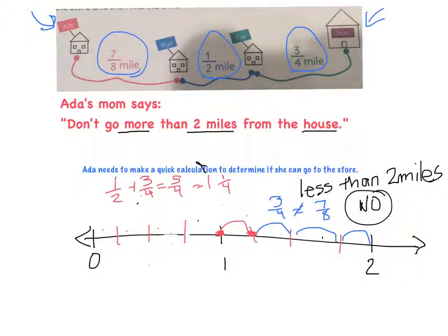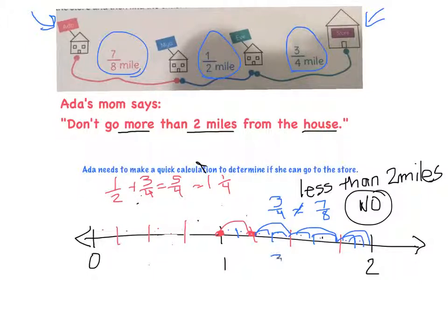Nope, it's not. Because if we make this 8s, which means one, 2, 3, 4, 5, 6, 7, 8. 3/4 is the same as how many 8s? 1, 2, 3, 4, 5, 6.